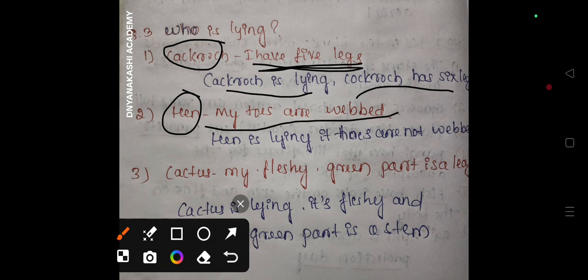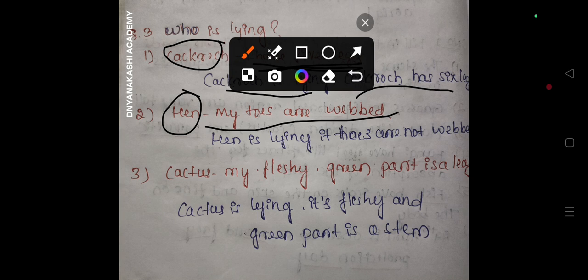That's why the hen's toes are not webbed. That is the correct answer.